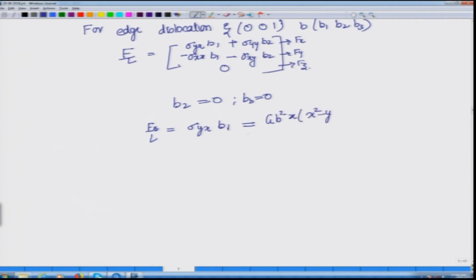And now we can simply put sigma y x, for which we know the relation from our earlier derivation. So, sigma y x is the stress because of a particular dislocation at a given distance x and y. Therefore, it turns out to be x square minus y square, and you can also find the other component.